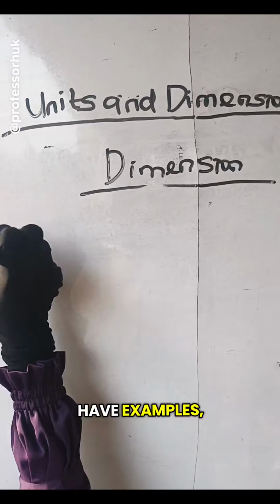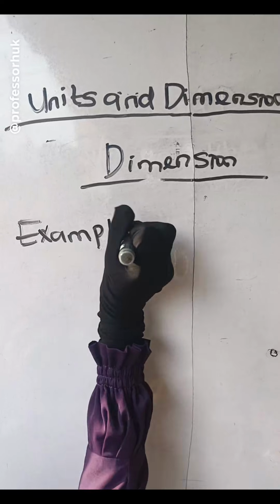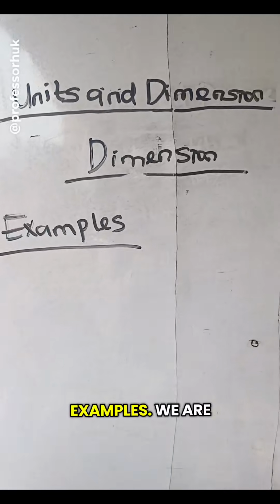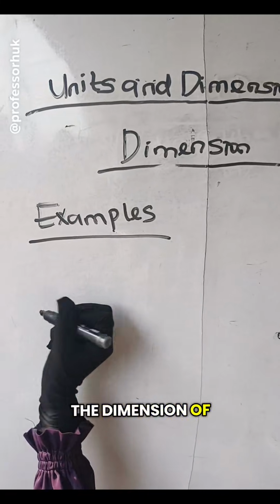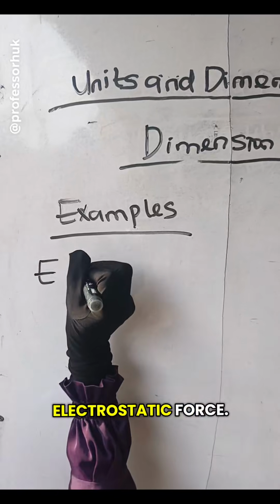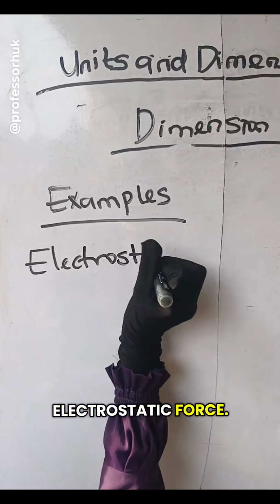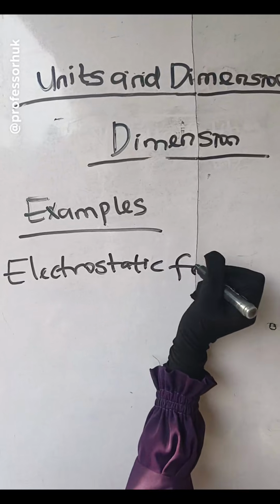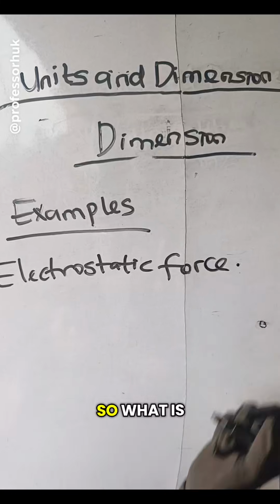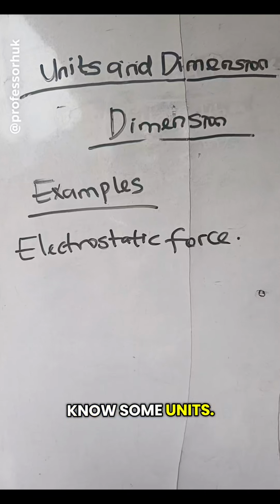So now we have examples. We are asked to find the unit and the dimension of electrostatic force. So what is the unit of electrostatic force? You need to know some units.